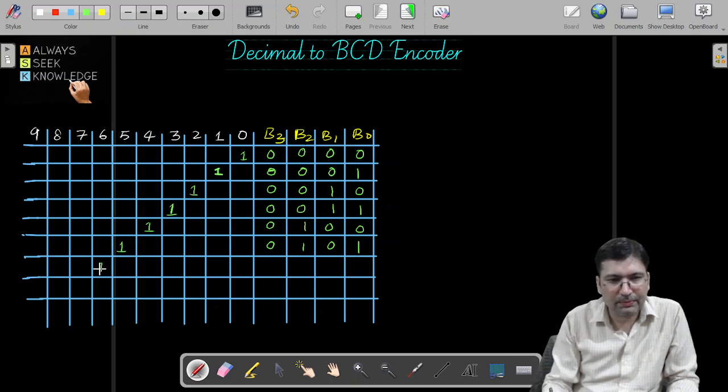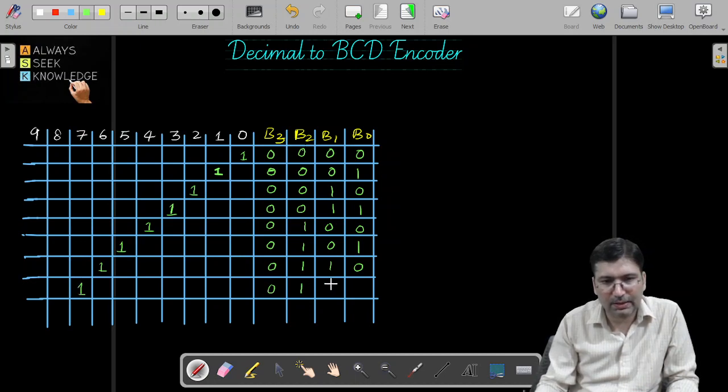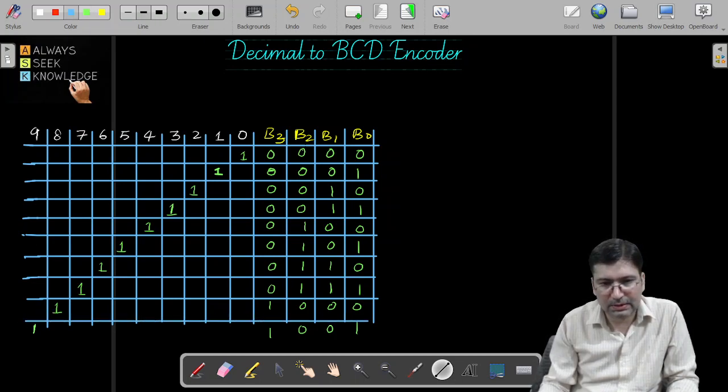If 6 is high, 0 1 1 0. If 7 is high, 0 1 1 1. If 8 is high, 1 0 0 0. Similarly, if 9 is high, 1 0 0 1. This is the tabular representation, which you can easily understand.